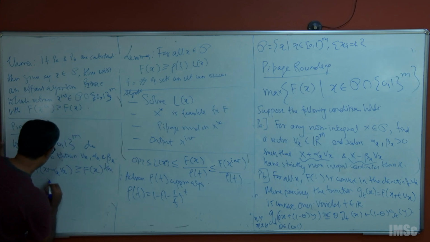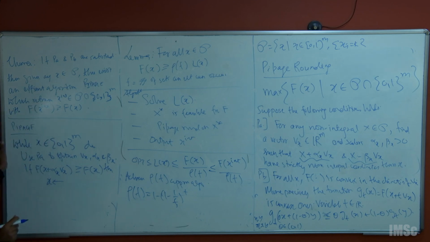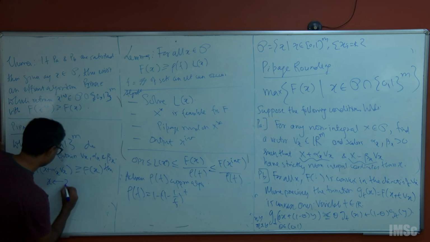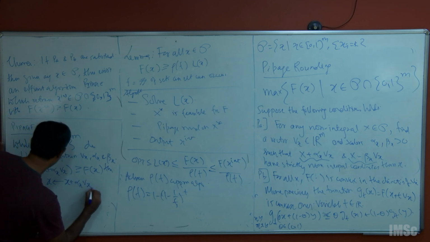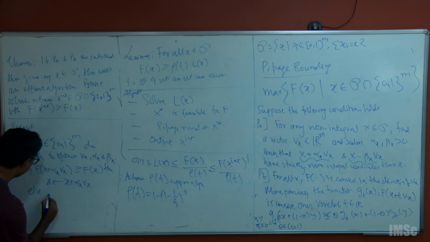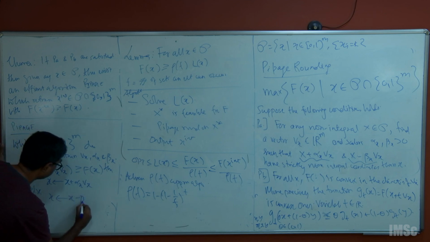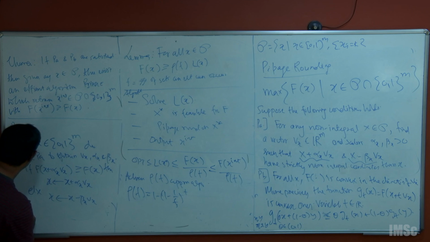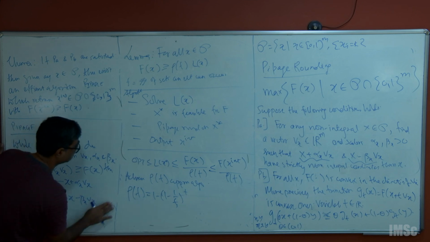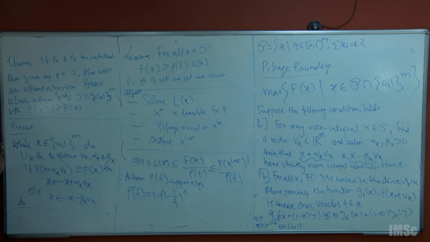Then x will become x plus alpha x Vx. Else I will set x equal to x minus beta x Vx. Done. This is the end of my algorithm.